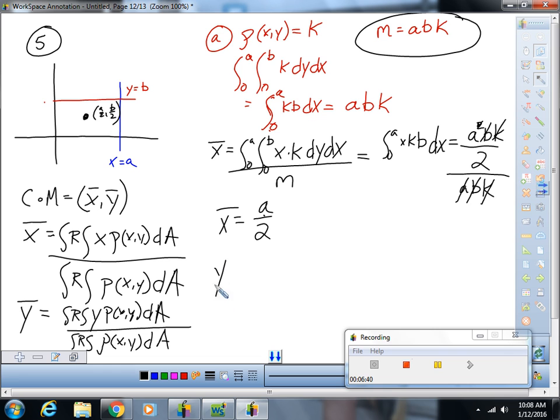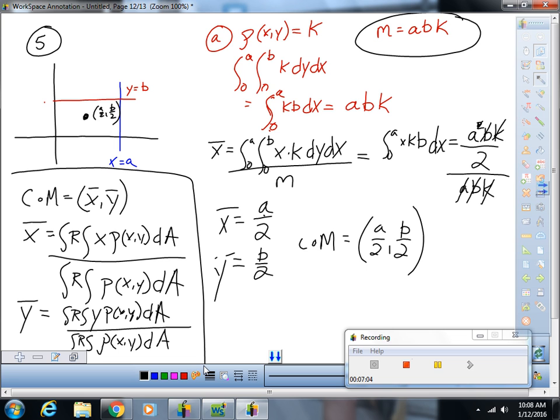And what's our y bar going to be? So our center of mass is A over 2, comma B over 2. So far, so good? Now, hopefully, we trust these calculus equations for center of mass.